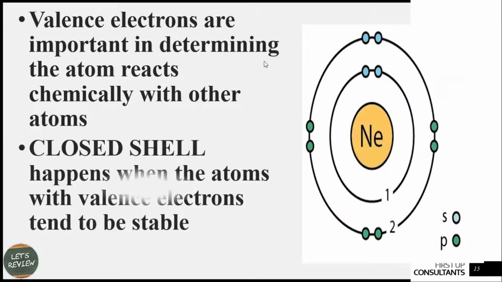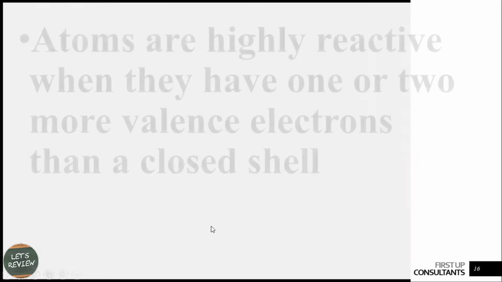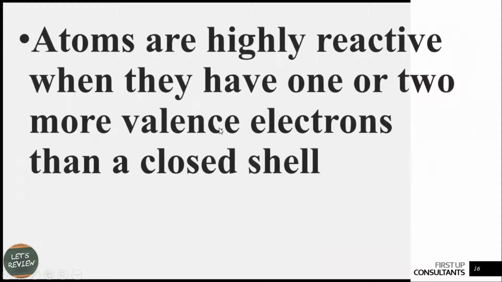Valence electrons are important in determining how an atom may react chemically with other atoms. A closed shell happens when atoms with valence electrons tend to be stable, like neon. Atoms are highly reactive when they have one or two more valence electrons than a closed shell.